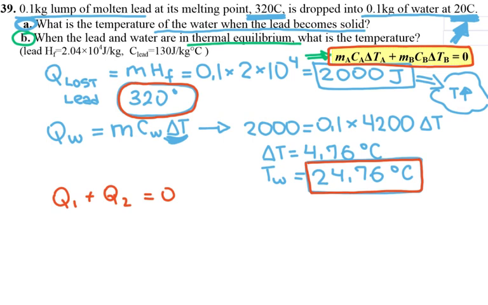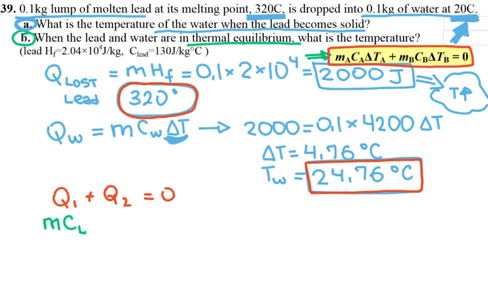So now for both of them it's going to be Q equals MC delta T, because the temperature is changing. So I have the mass of the lead, C of the lead, and delta T of the lead, or I can say final minus initial.